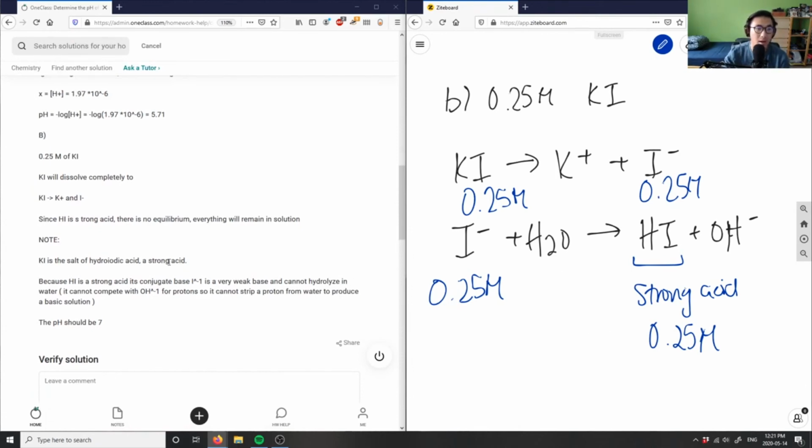So again, KI here is dissolving into I minus, and then I minus reacts with the water. So KI here is actually a salt, right? This guy here is a salt.